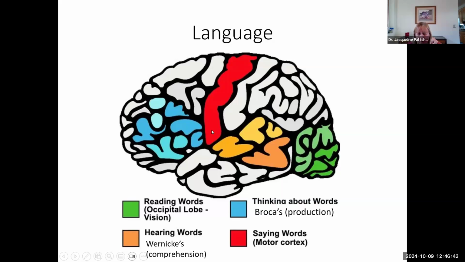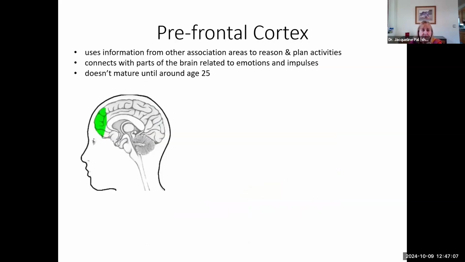We have to have the primary motor cortex for saying the actual words. A lot of your brain is involved for language. And then if you're going to put in other forms of language, such as sign language, that's going to involve other parts of the primary motor cortex as well.